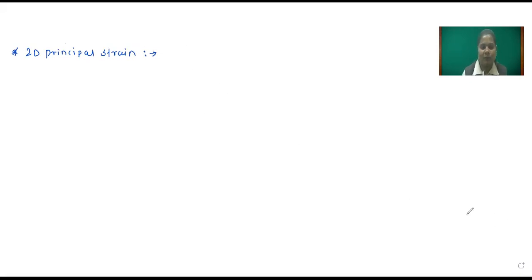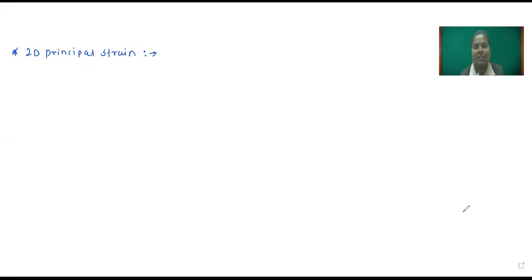Before moving to this point, I will ask what is meant by principal stress. Normal stress acting on the principal plane.